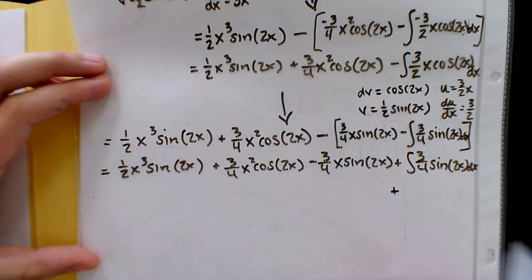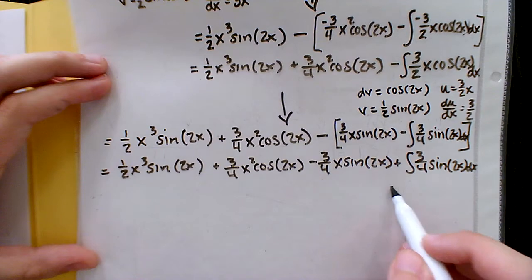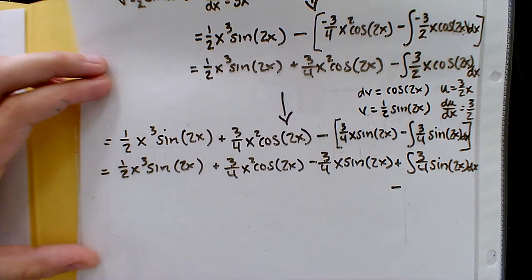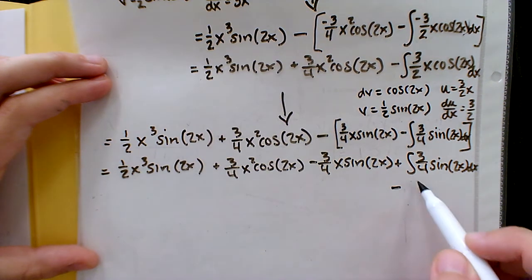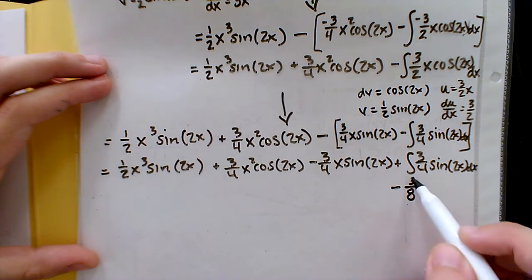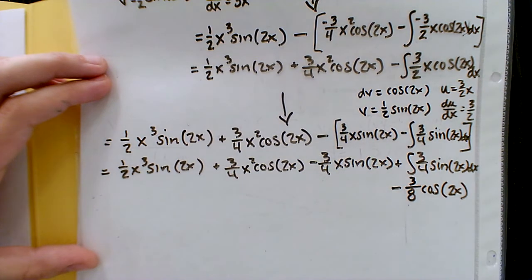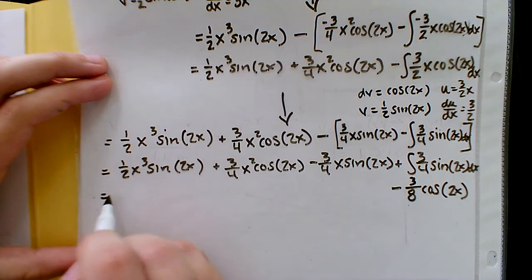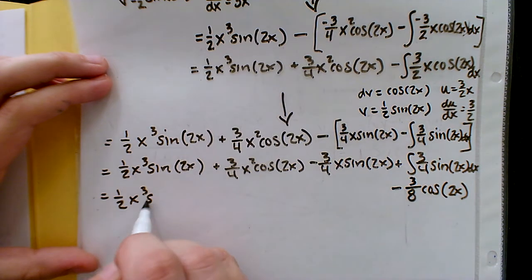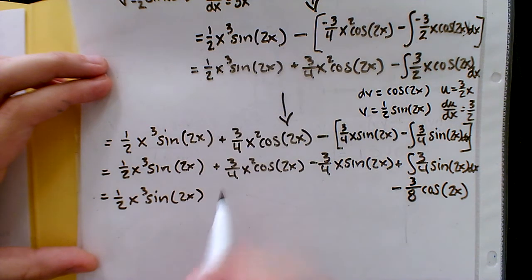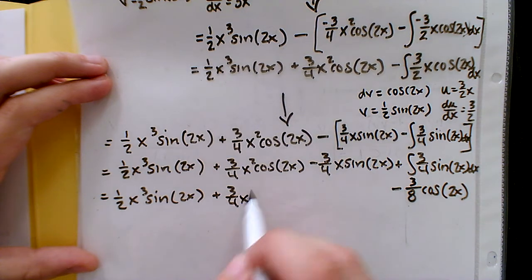What are we going to get? Actually, I think this would end up being a minus. Let's see, we'd have a 3/8 cosine of 2x. Do we agree with that? Is that okay? All right, and we still have all of this other u times v from the 3 by parts that we had to do.